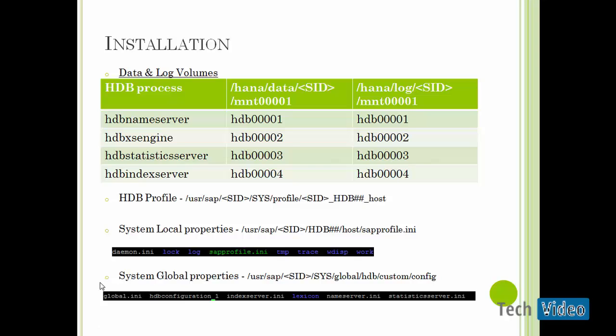Okay. So once the installation is completed, we will have to navigate to these directories to check whether the data volumes are created, log volumes are created, the profile is created, and whether we have the local properties files and global properties files. So we need to verify all this, and then we can proceed with the post installation steps.